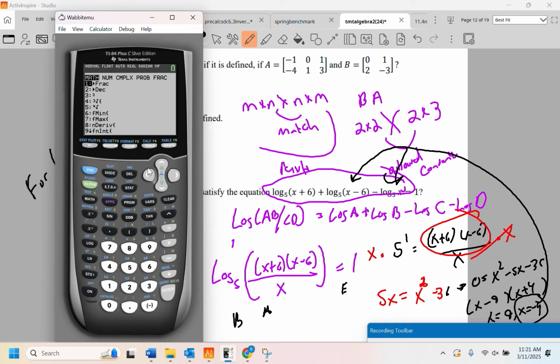I'm going to go to math. I'm going to scroll on down to log base. Check this out. Log base 5, x plus 6. Notice I'm in y equal to, because why not? Plus math, log base, still a 5, x minus 6.